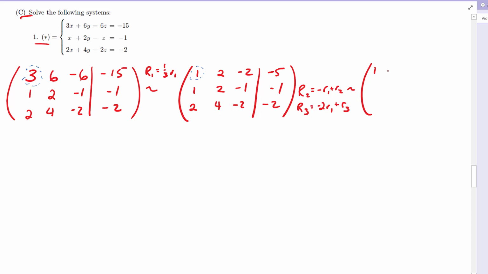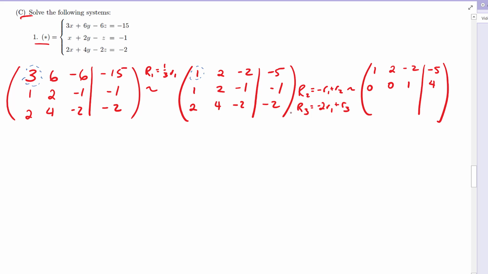So let's see here. Recopying our pivot row gives us 1, 2, minus 2, minus 5. And then when we multiply the pivot row by negative 1 and add to this row, we end up with 0, 0, that would be positive 2, that would be a 1. Negative 1 times negative 5 is positive 5, added to negative 1 is 4.